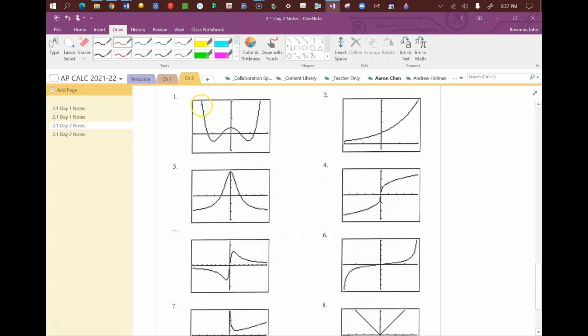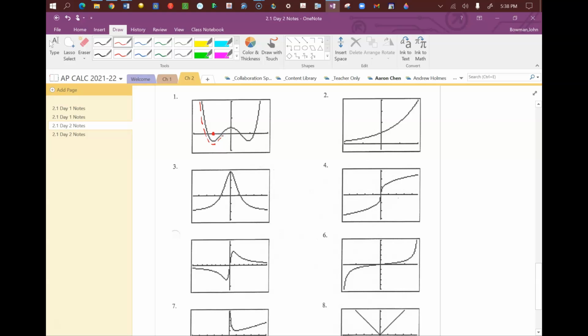When we start at the left on graph 1, function 1, the derivative is very negative. But the slope is increasing in value until it gets to 0. So I'm going to mark some key points there. The slope is 0. The derivative is 0 at that x value.